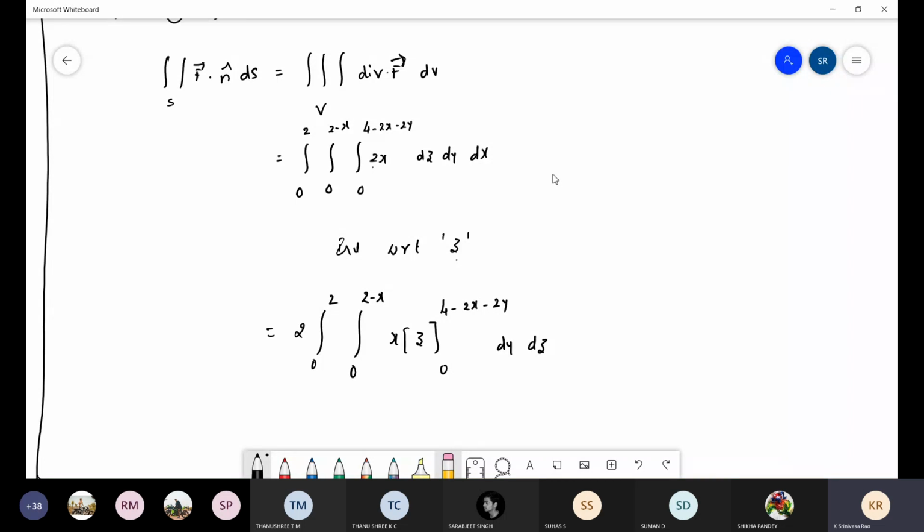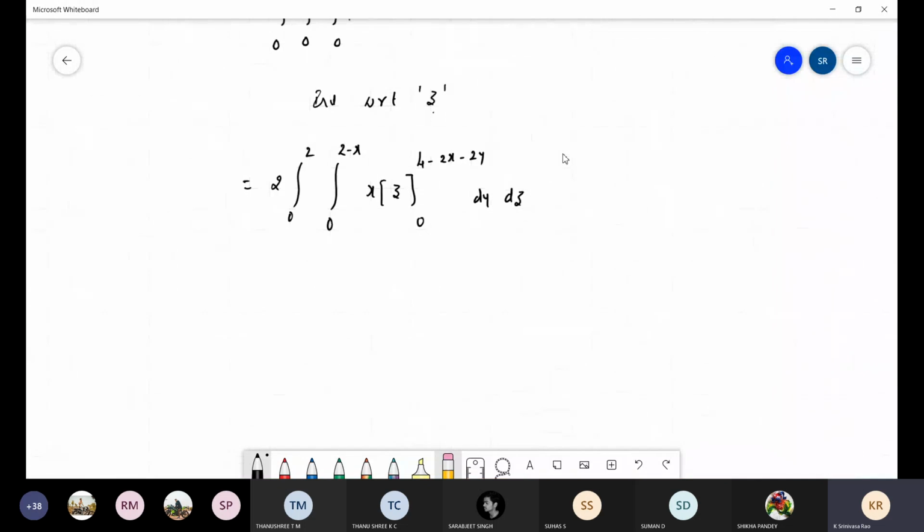Correct? Are you facing any difficulty? Please tell me. No, sir. Just let me finish this; parallelly, you take it down. That is 2 times the integral 0 to 2 and 0 to 2 minus x, of x as it is into the upper limit 4 minus 2x minus 2y and lower limit 0.